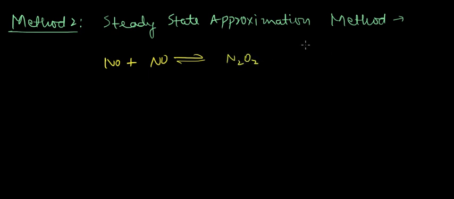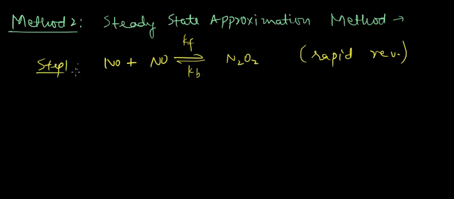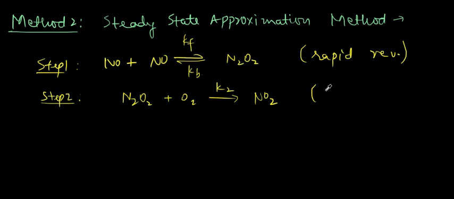This is a rapid reversible reaction, with rate constants Kf and Kb in the forward and backward direction. This was our step 1, and step 2 would be this N2O2 reacting with O2 with K2 as the rate constant and forming NO2, which is a slow process.